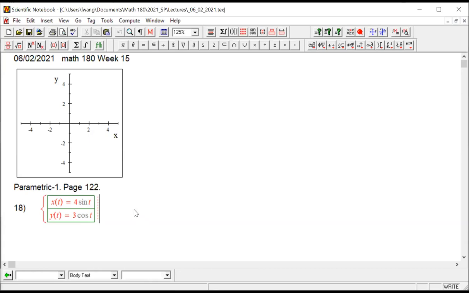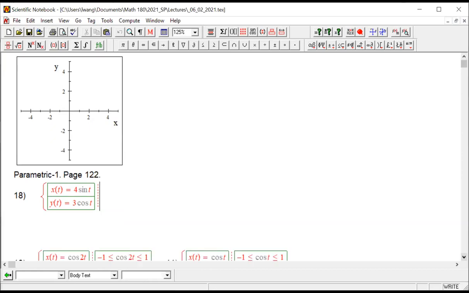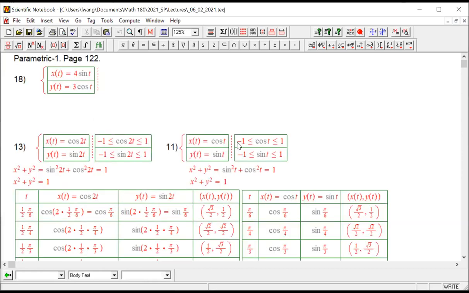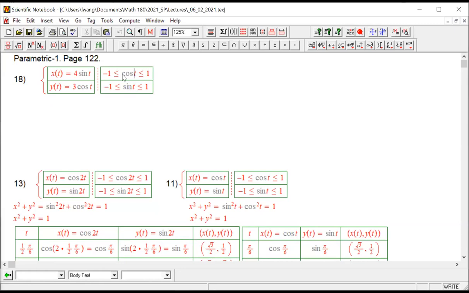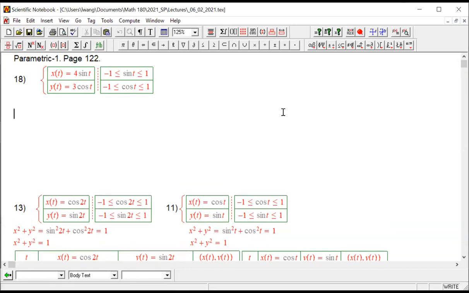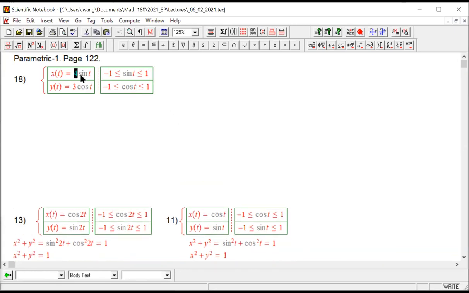Now, knowing the range of sine t and cosine t, we know these, that is still true. When we multiply by 4, what will happen? Those will be between -4 and +4.